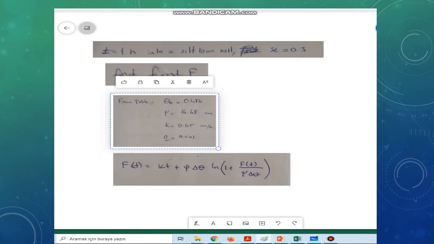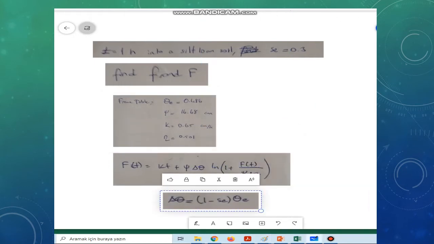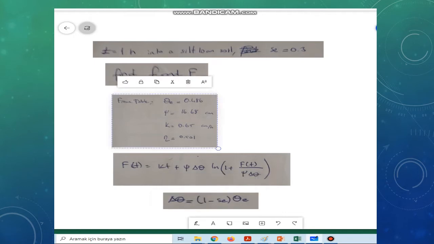First of all, we need to know what is delta theta. It is not given by the table, right? We have a formula for delta theta: delta theta is equal to 1 minus effective saturation, in parentheses, multiplied by effective moisture content, which is 0.486 for silt loam.